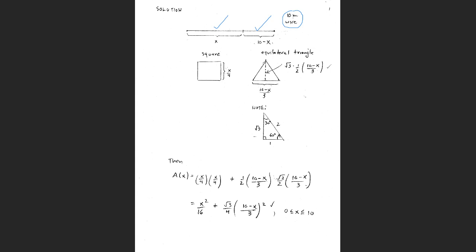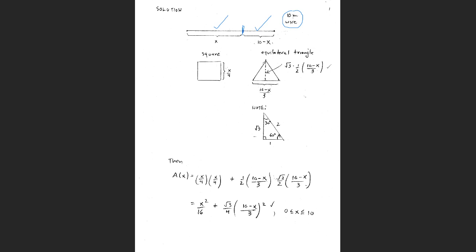You need a variable in there, just like with the baseball diamond problem. We don't know where we're going to make the cut, but it's got to be somewhere. So we'll call the first piece of wire x, and the second 10 minus x.